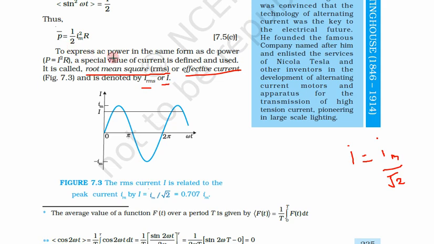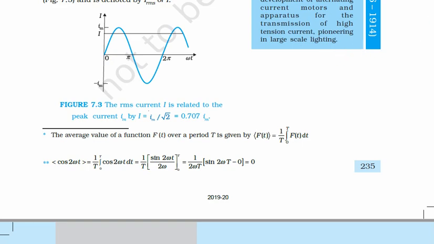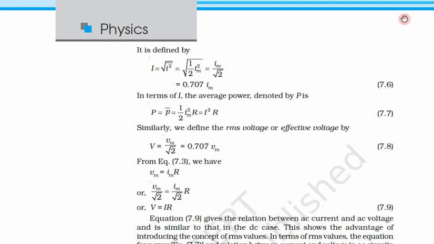Let us calculate this with different mathematics. This is our wave, and power consumed is half of the maximum power consumed. So here we have defined I as the average value of I or half of Im square, and we take the root.